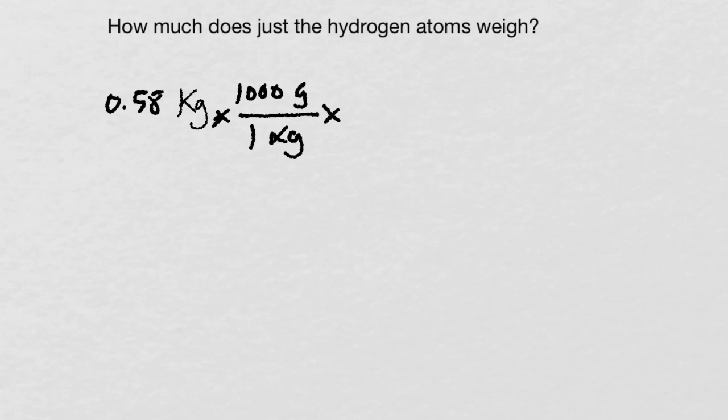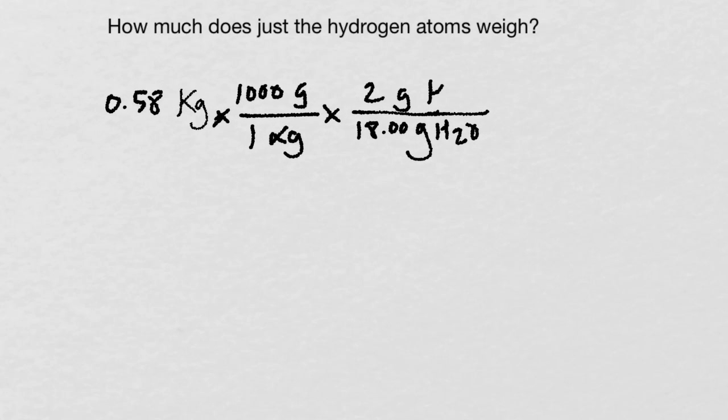So we're going to add that in here and say that every 18.0 grams of water has 2 grams of hydrogen. And then let's go back to kilograms just to compare it with our previous answer. And we'll use a different conversion here.